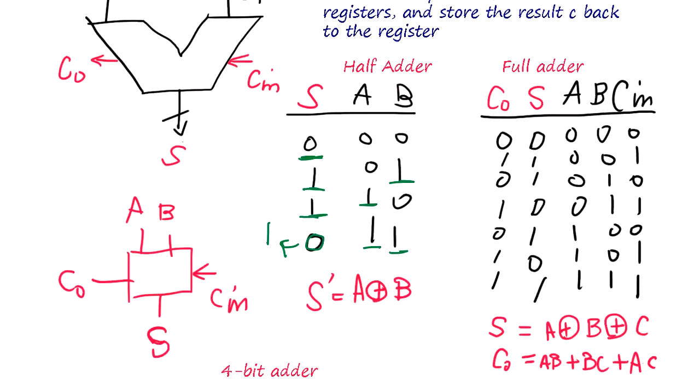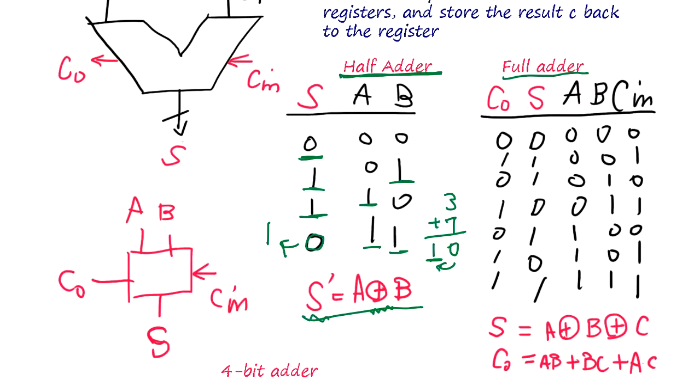For example, you add 3 plus 7, then it becomes 0, and you have a carry out bit. When you don't include carry in and out, it's called a half adder. Half adder is simply the exclusive OR of the A and B bits.